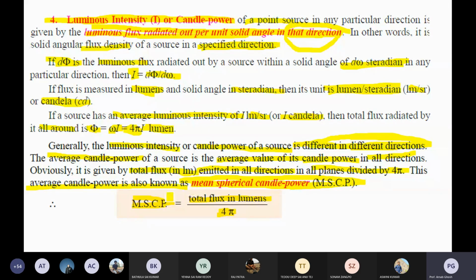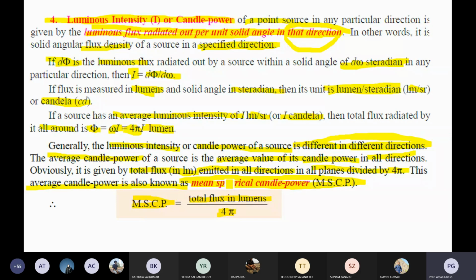In that case you can calculate the mean value with the hemisphere instead of the sphere. This average candle power is known as mean hemispherical candle power, MHSCP. It is given by the total flux emitted in a hemisphere, usually the lower one, divided by the solid angle. In both cases you are dividing by the solid angle.